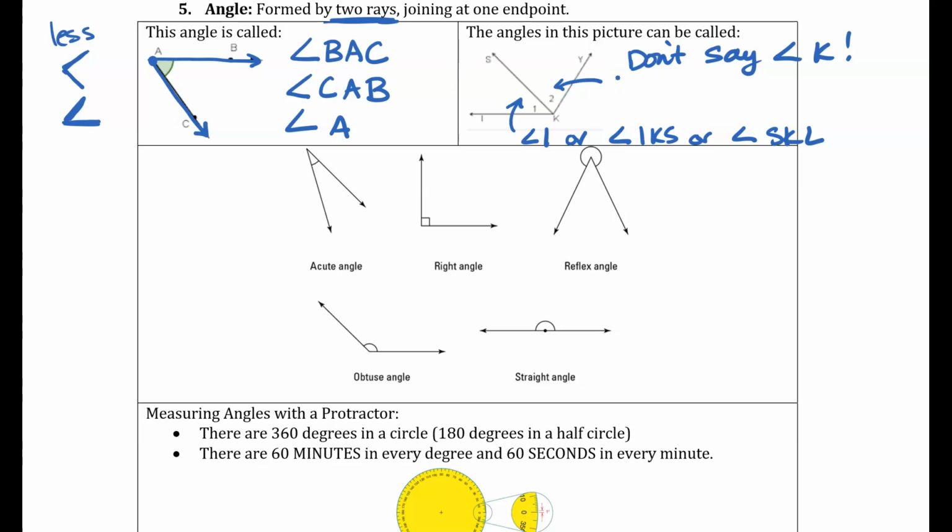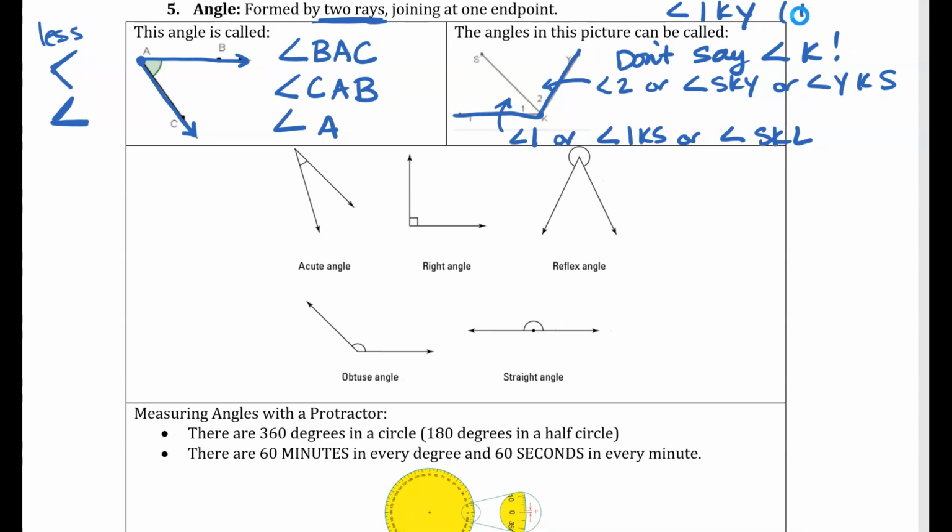This angle you could call angle 2, or angle SKY, or angle YKS. And then there's also the larger angle. So LKY is also an angle in this picture, the larger angle. Okay, so a couple different options in terms of naming angles.